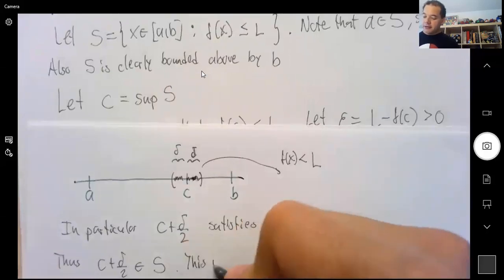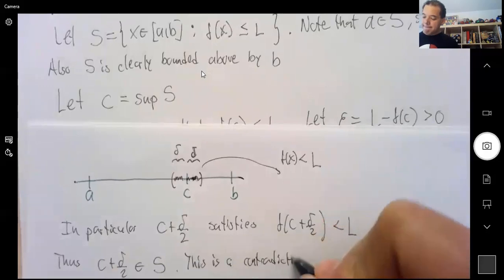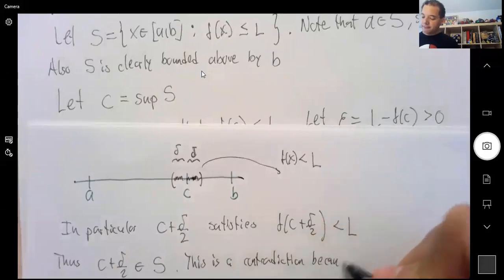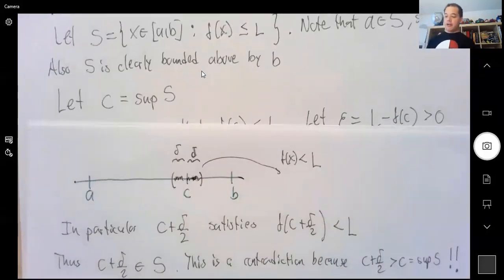This is a contradiction, because c plus delta over 2 is bigger than C, which was the supremum. So case 1 doesn't happen.